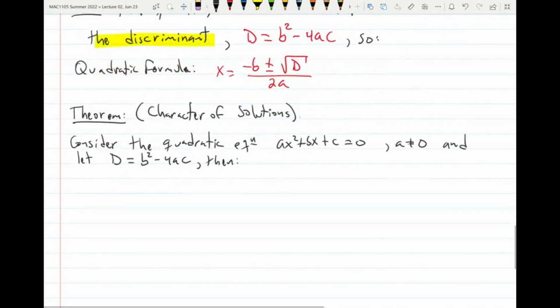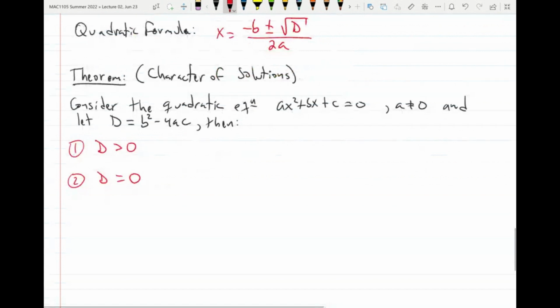Then three things can happen. First one is D could be greater than 0. Second one is D could be equal to 0. And the other possibility is that D is less than 0.